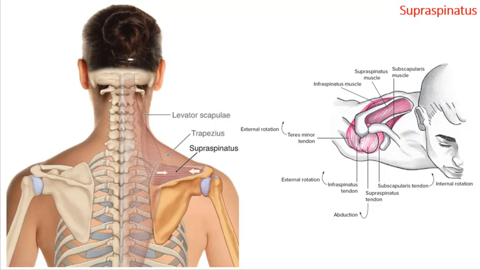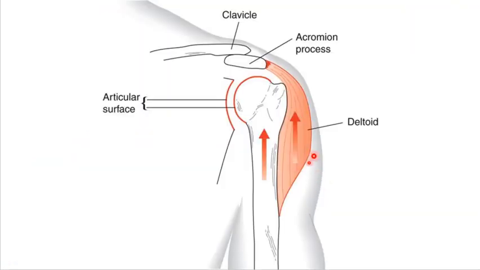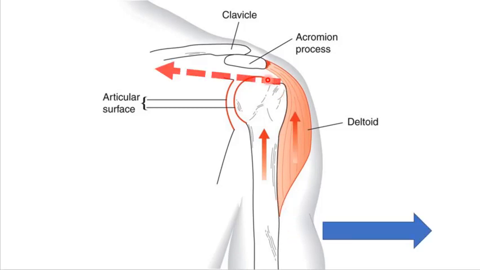I think I have a slide here that shows. So what happens when the deltoid contracts, the way the deltoid attachment is, it's right here. There's very little leverage. So actually when the deltoid contracts, instead of lifting your arm to the side, it jams it up. It lifts it straight up towards your ear like a shrug. And what the supraspinatus does is it engages a little bit. It just gives it like 5 degrees so that the deltoid can actually then do its job instead of pulling up on it.